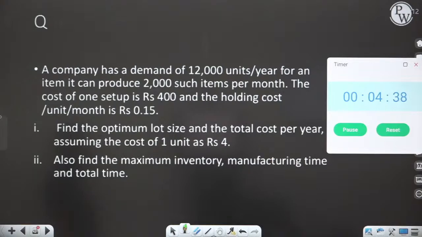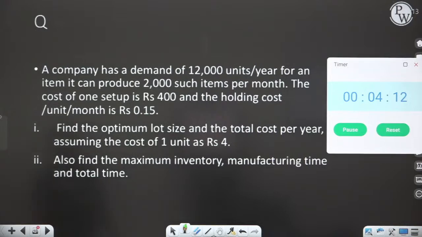A company has a demand of 12,000 units per year for an item. It can produce 2,000 such items per month. The cost of one setup is rupees 400 and the holding cost per unit per month is 0.15.